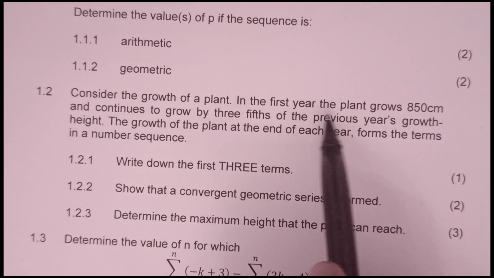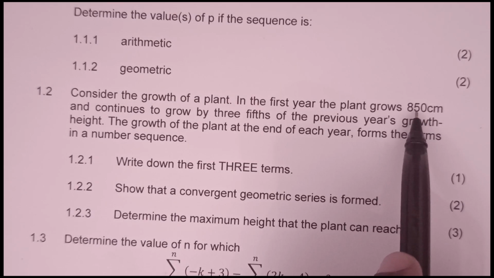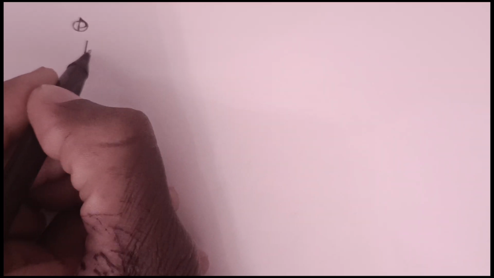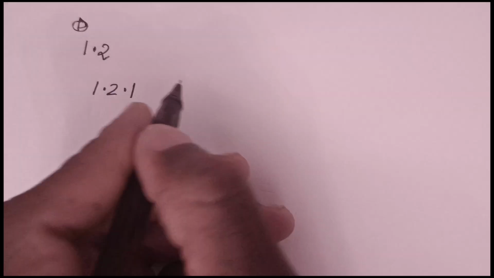1.2.1. The first growth in the first year is 850. We are at specifically 1.2.1. The first term is 850, the first growth.